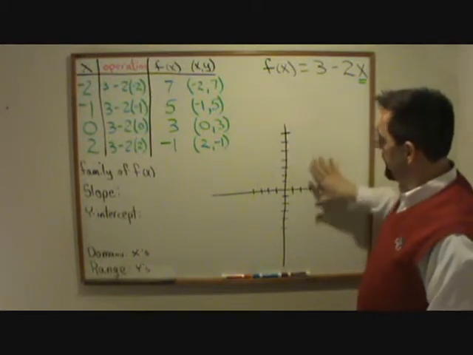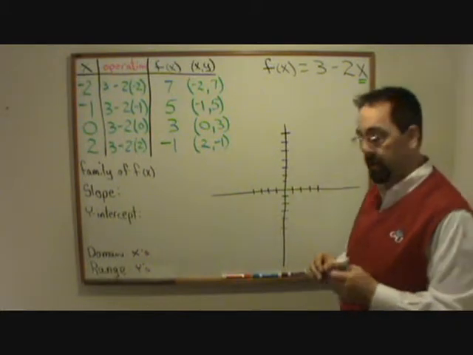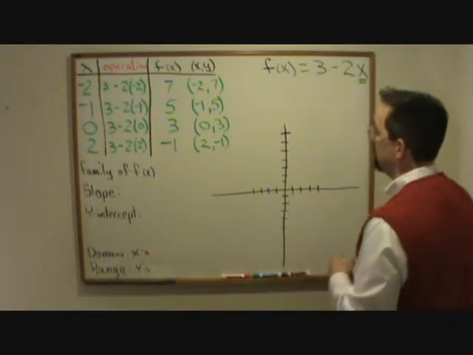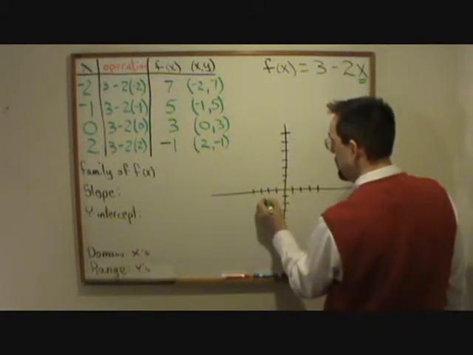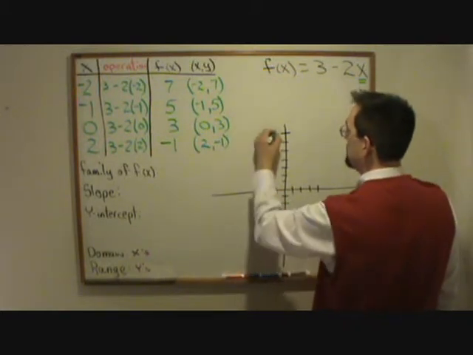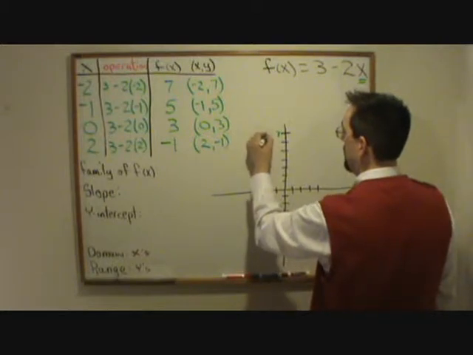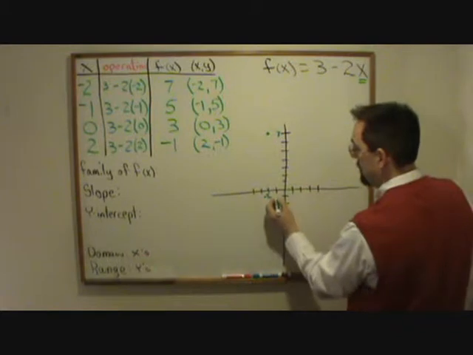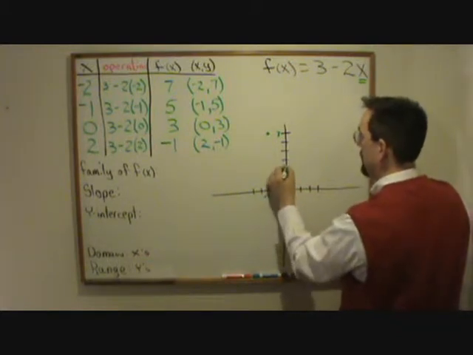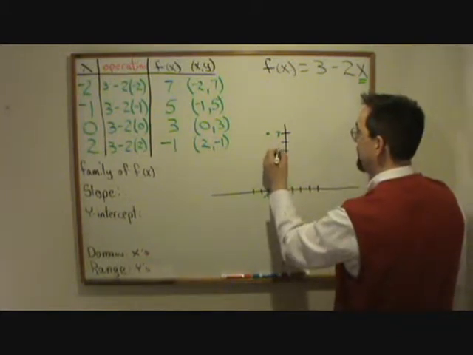But let's take this and actually plot those points on a grid and see what we come up with. Start with our first one, minus 2, 7. Our second one, minus 1, 5.